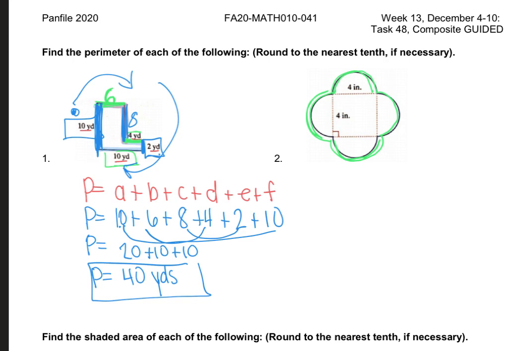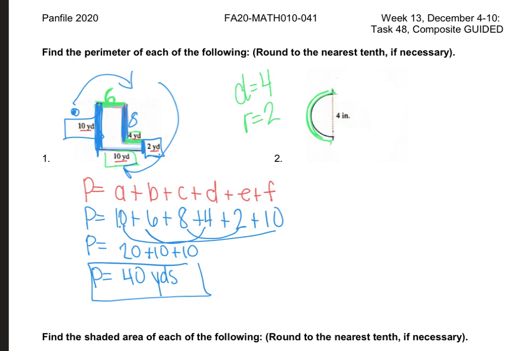What I know is that if I ignore all of this, I have half a circle with a diameter of 4. If my diameter is 4, my radius is 2, because my radius is half of my diameter.